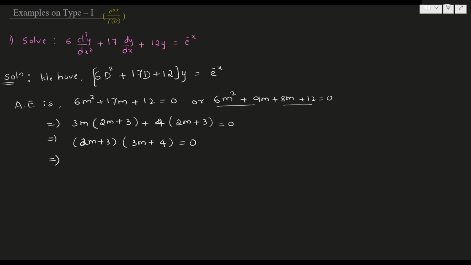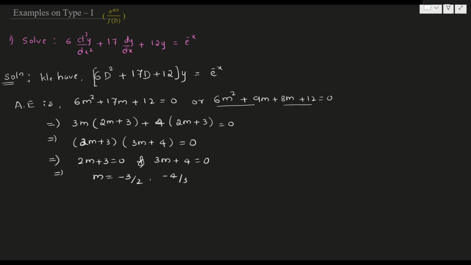So this gives 2m plus 3 equal to 0 or 3m plus 4 equal to 0. Then what is your m? m is minus 3 by 2 and minus 4 by 3.